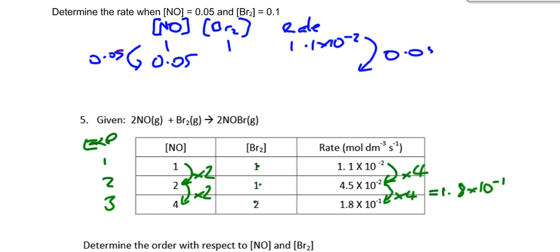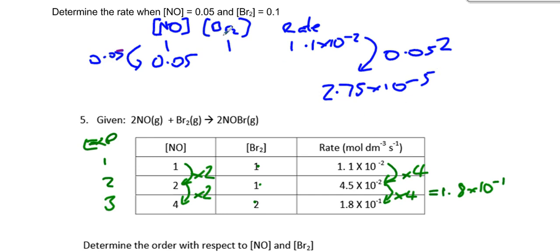What have I got to remember to do to it? 0.05, remember it's second order with respect to NO, so it's 0.05 squared. So if I times the rate by 0.05 squared, I should get the answer 2.75 times 10, I can't remember, to the minus 5, I think.